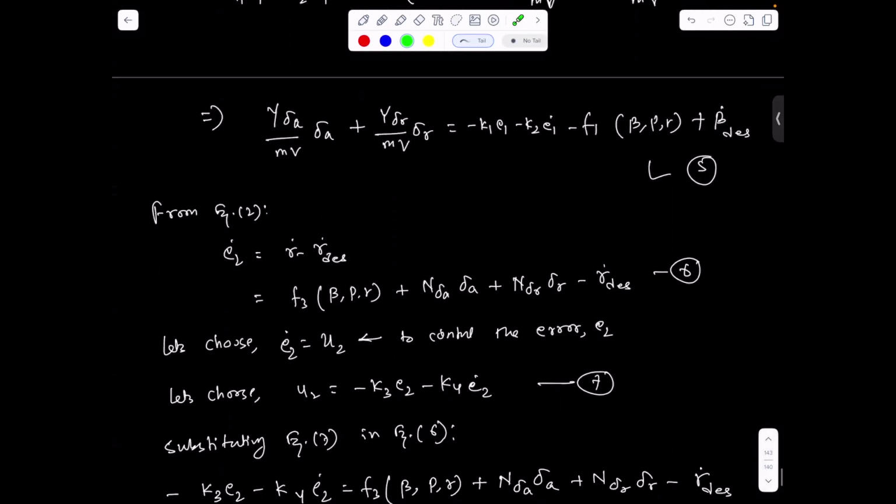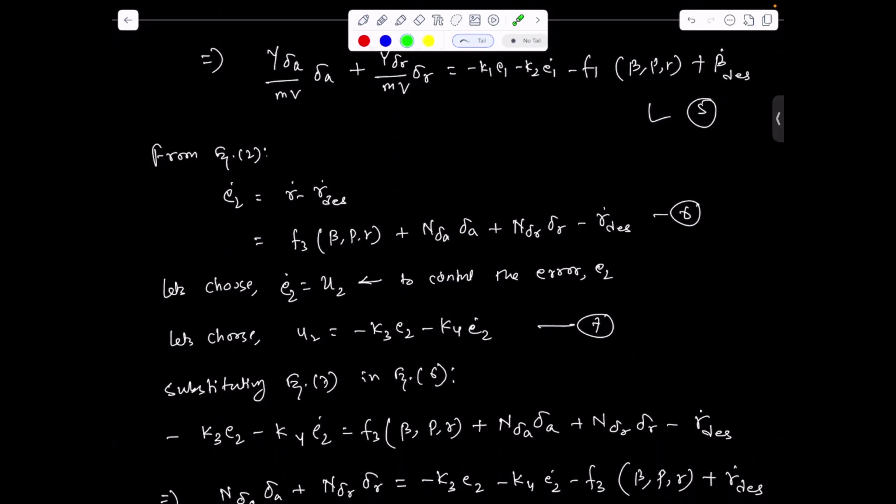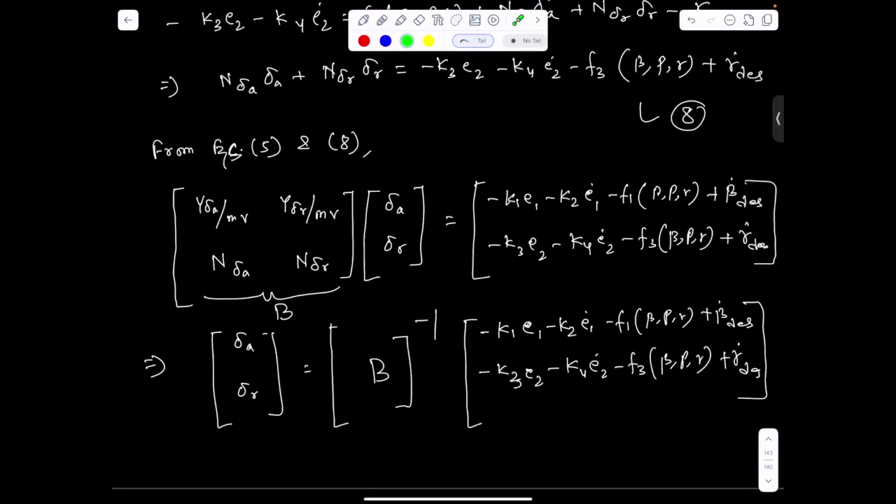So this is how we can design the linear feedback based control for the nonlinear system. And I hope you can design your control for other nonlinear systems in aircraft dynamics or any other dynamical system. This is the last lecture for this topic.